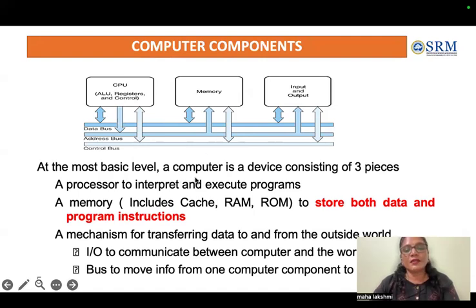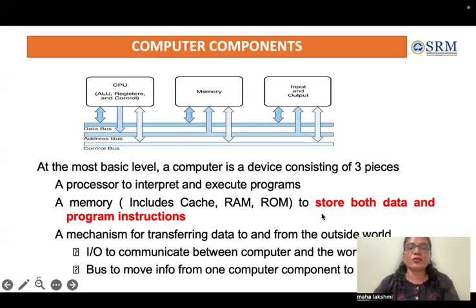At the most basic level, a computer is a device consisting of three pieces, as we discussed. A processor, the CPU, interprets and executes programs. Then we have memory, which is of different forms like RAM, ROM, tertiary memory, cache memory, and secondary memory.